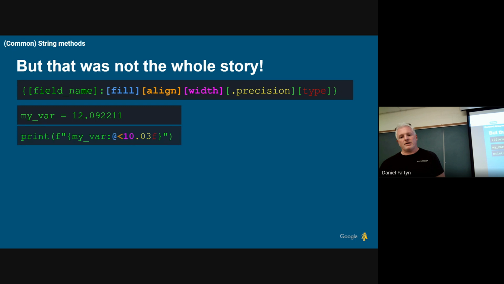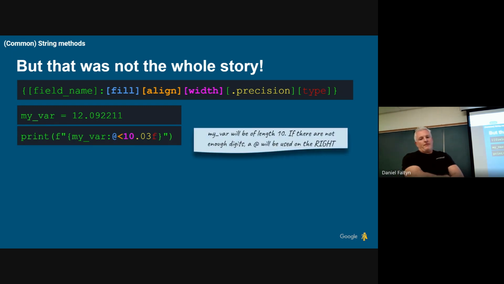So what does that do? If I have some variable like this number, and I try to color code it here for you, the width is going to say how many spaces I should take up.